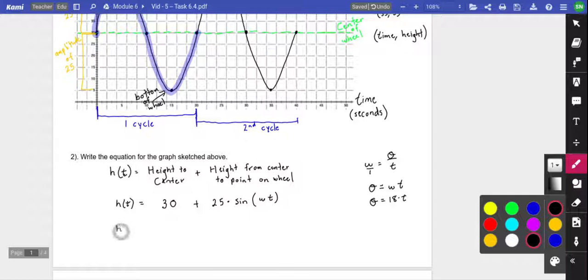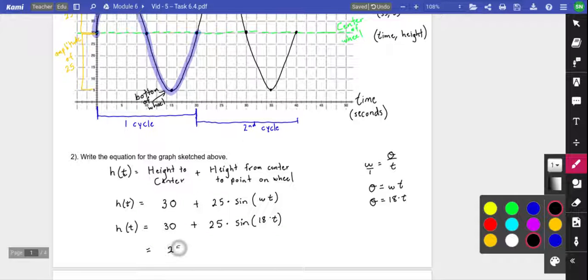In other words, we have height equals height to the center plus 25 times sine of angular speed being 18 times t. Sometimes the function is written a little bit differently.